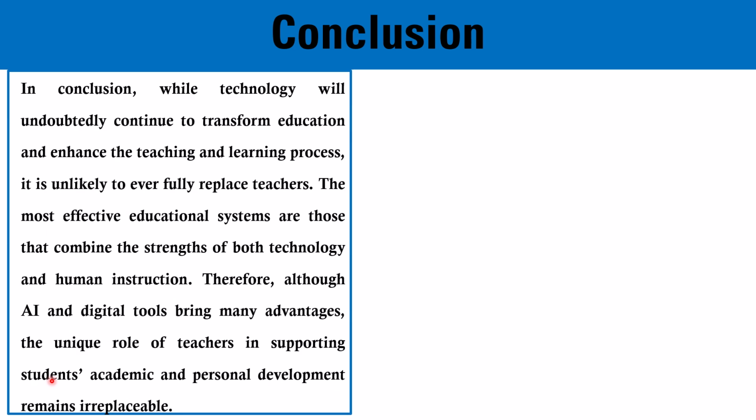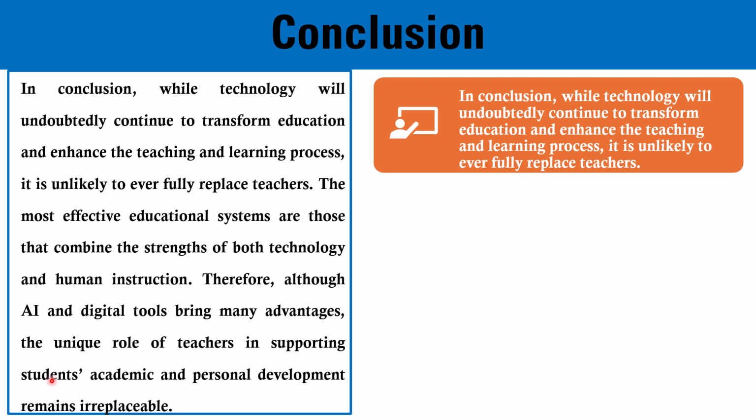Now look at the conclusion for this essay. This conclusion brings the essay to a clear and thoughtful close. Pause here and read the complete paragraph. The first sentence summarizes your position that while technology is powerful, it won't fully replace teachers.